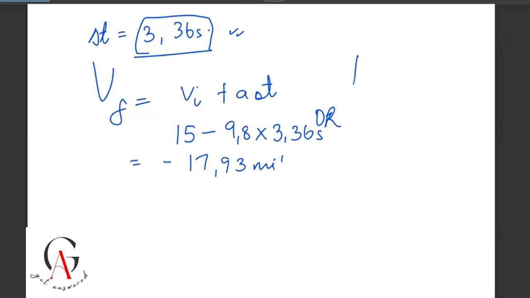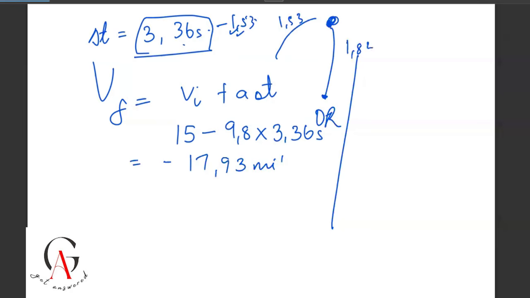I believe alternatively, if somebody was to start from the maximum height, the time it takes to reach the maximum is 1.53. Let's take the 3.36, we subtract 1.53. That gives me 1.83 seconds from the maximum to the final.